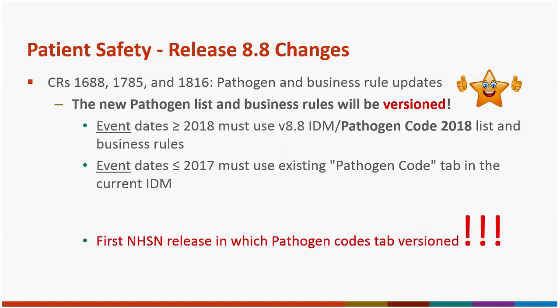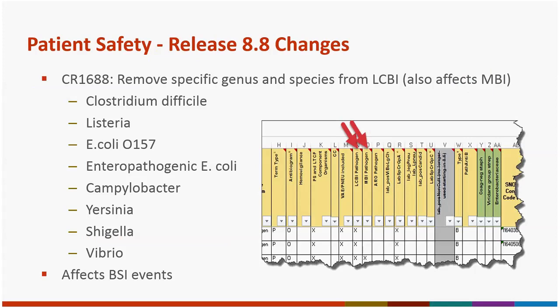So even if a BSI with a 2017 event date is edited, it will still use the old pathogen code tab. As I said again, it'll be the first NHSN release in which the pathogen code tabs are versioned. The new tab was included in the recent IDM that was sent out, so hopefully we gave y'all enough time that you can start working on it. Next slide.